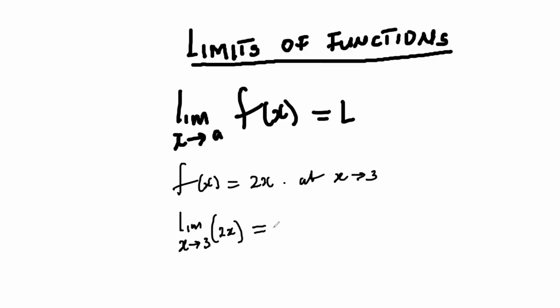So all we need to do is multiply 2 by that value of x, which is 3, and 2 times 3 gives us 6. So as x gets closer and closer to 3, we get the limit 6. That's what it means.